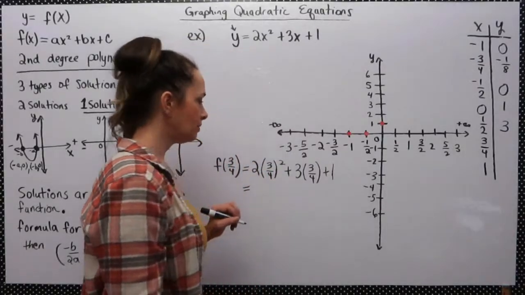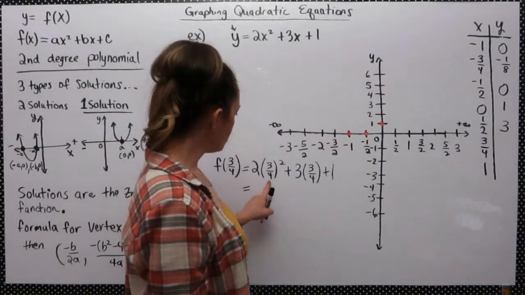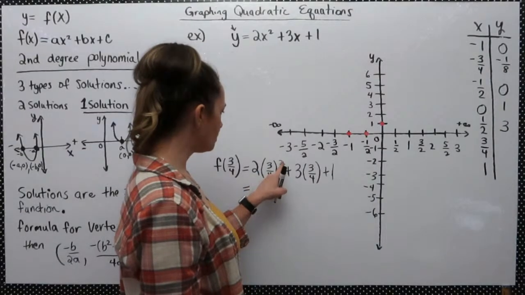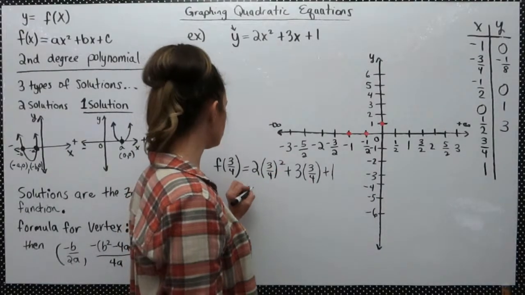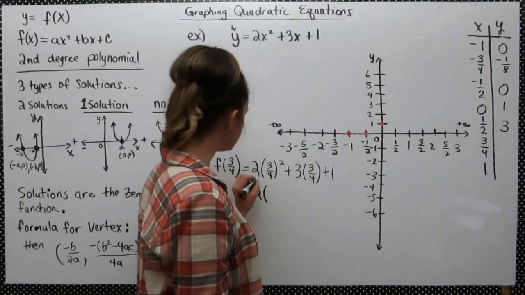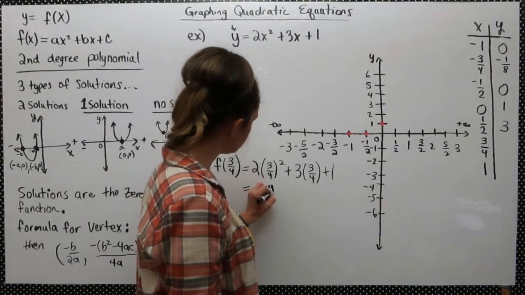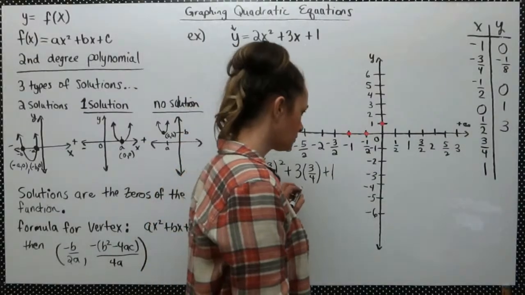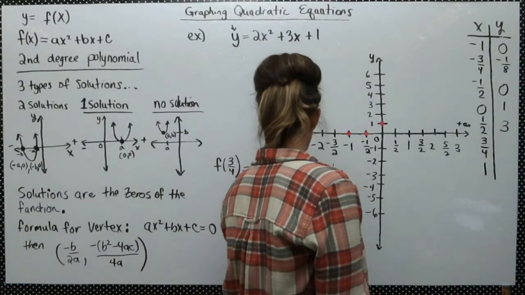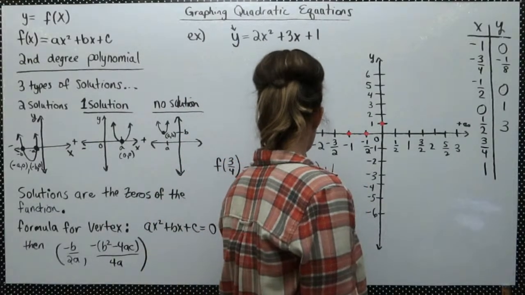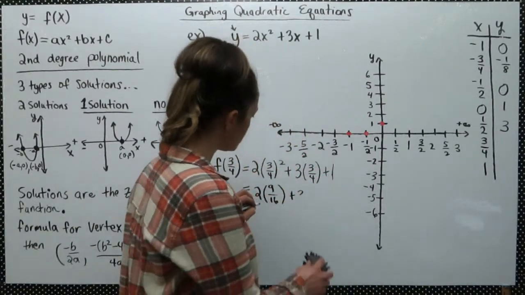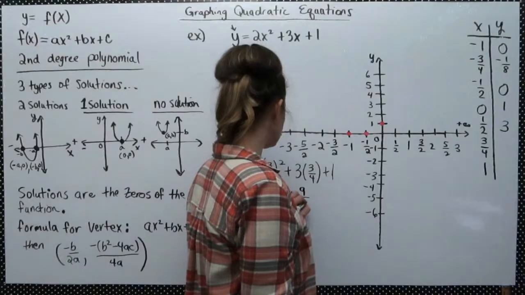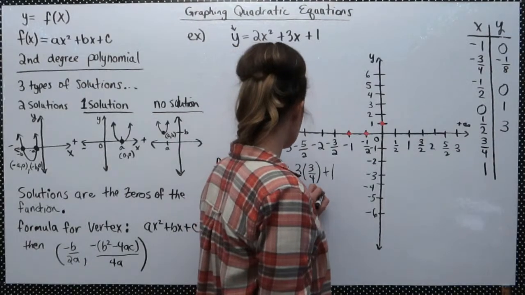And again, what we're doing is we're going to square this fraction. So we're squaring the numerator and squaring the denominator. We'll multiply it in the next step. So 3 squared is 9, and 4 squared is 16. And then we could go ahead and multiply this one out. 3 times 3 is 9, and you're going to keep your denominator.